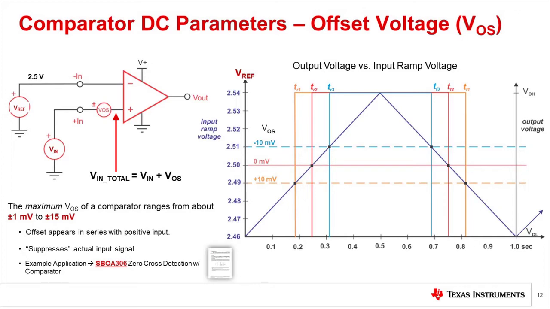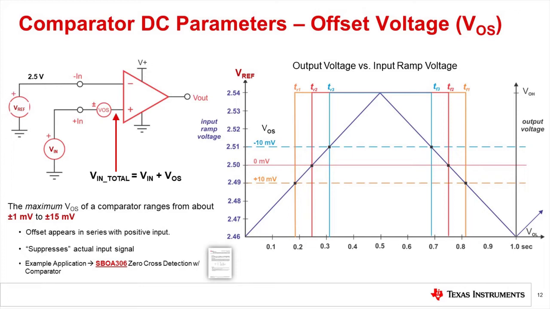In this example, we apply a reference voltage of 2.5 volts to the inverting input. On the input signal, we have a slow-moving ramp signal transitioning from 2.46 volts to 2.5 volts, as you can see in this dark blue waveform. The offset voltage adds to the input signal to create a total effective input signal equal to Vin plus VOS.